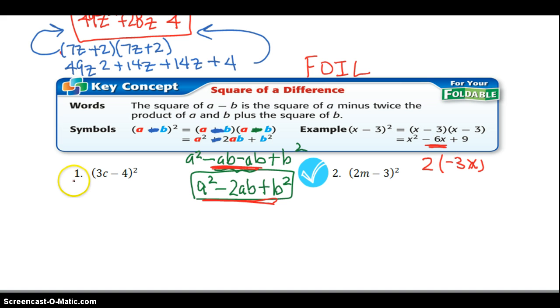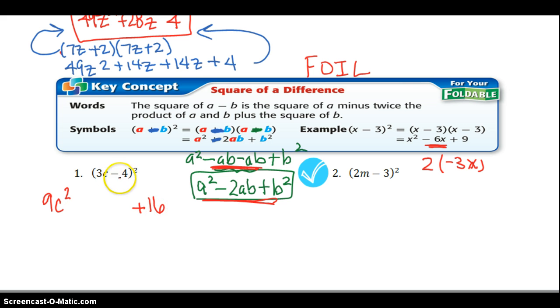So I will try to do number 1 using the shortcut, and then I'm going to ask you to practice number 2 on your own. So my first term squared, 3c squared, is 9c squared. Negative 4 squared is positive 16.